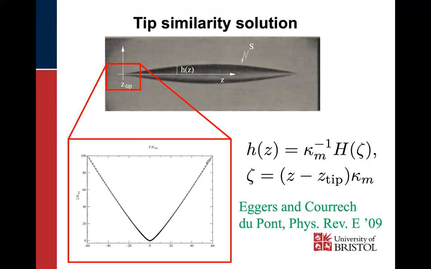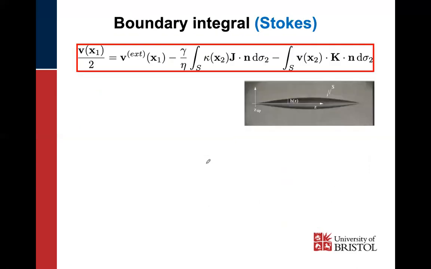Of course, the question now is, what's the best framework to actually calculate these shapes? And somewhat unusually, I will base my calculation on the so-called boundary integral representation of Stokes's equations.